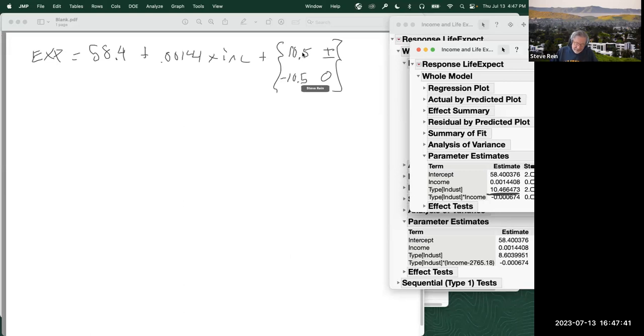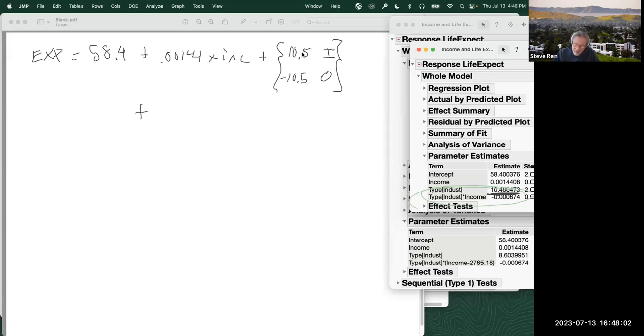But what about this last separate thing? I'm going to circle it in green: the industrialized interaction with income. I'm going to write that out the following way, plus something times income.